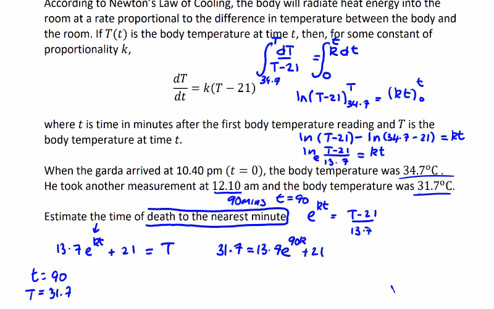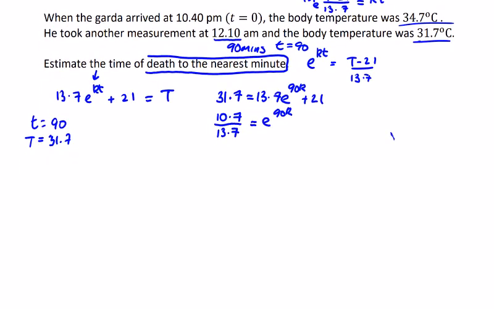So we're going to get 31.7 minus 21, so that's going to give 10.7. Then we're going to divide by 13.7, and that will be equal to e to the power of 90k. And using our log rules, we can say 90k by ln e is equal to ln 10.7 over 13.7.